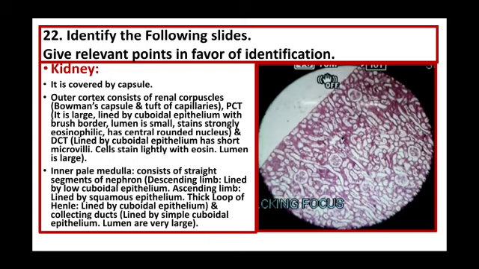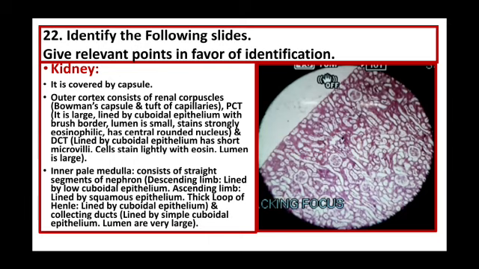Apart from this, the distal convoluted tubule also is seen here, which is also lined by cuboidal epithelium, which is short, containing microvilli. These cells stain lightly with eosin. Compared to PCT, the lumen will be larger.